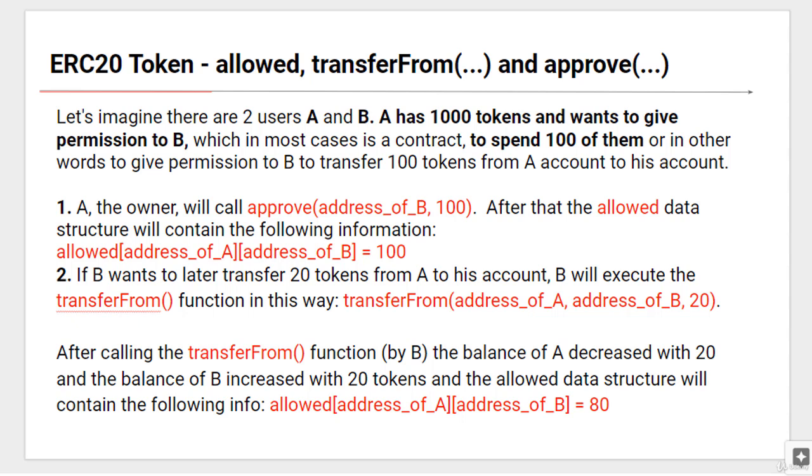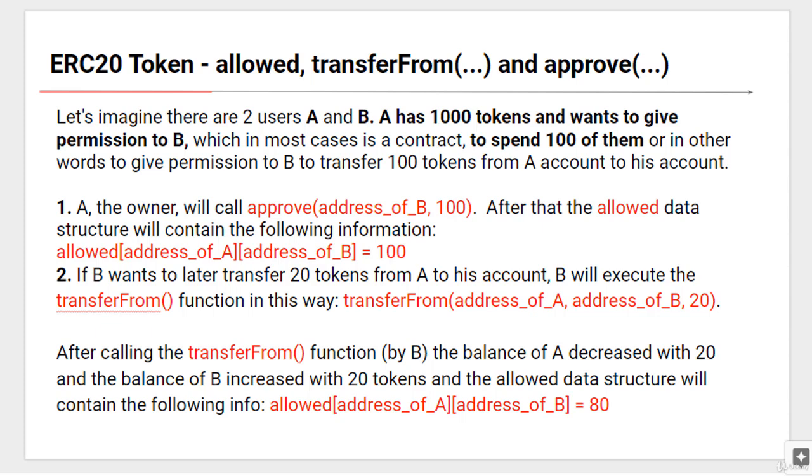After calling the transferFrom function, the balance of A decreased by 20 and the balance of B increased by 20 tokens. And the allowed data structure will contain the following info: allowed of address of A and address of B equals 80. So in the future, B could transfer 80 more tokens from A to his own account.